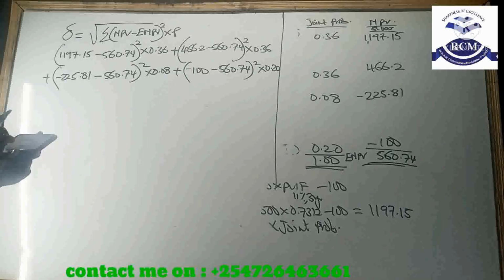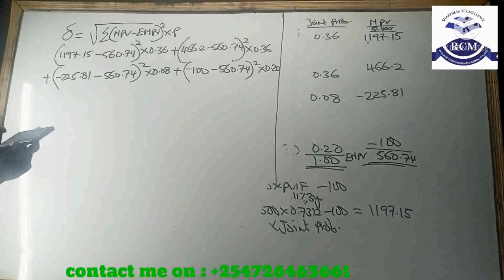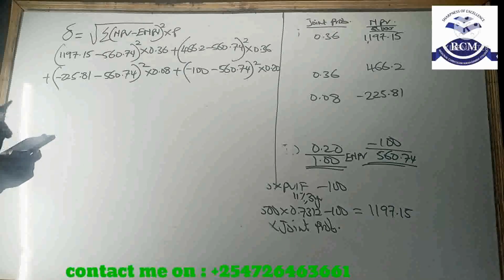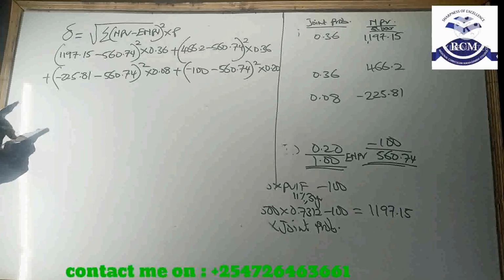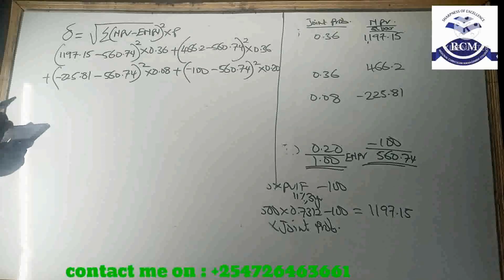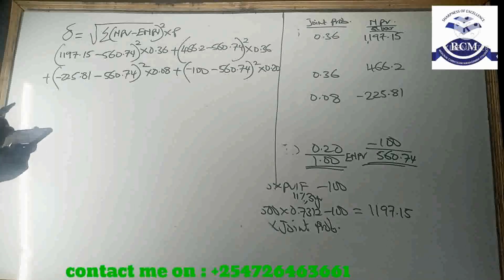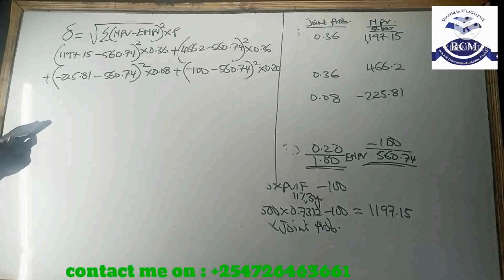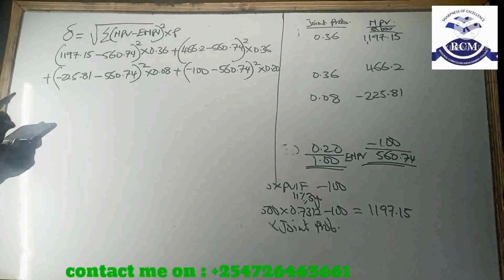So you're having 1197.15 minus 560.74 squared times the joint probability of 0.36 plus 466.2 minus 560.74 squared times the joint probability of 0.36 plus negative 225.81 minus 560.74 squared with the joint probability of 0.08, then plus negative 100 minus 560.74 squared times 0.20.